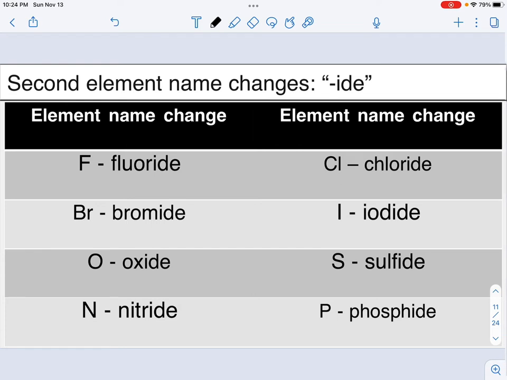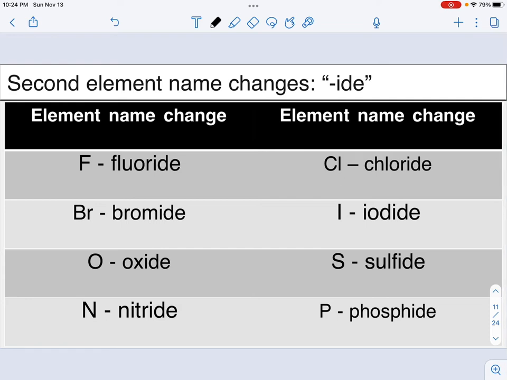And so that second element is going to transform from its normal name to an ending that ends in "ide." So please write the name changes on your worksheet. You may have to pause the video after I explain this, because after I do this, I'm just going to keep going. But if you're working from home and you're trying to do a missed assignment, pause this video.